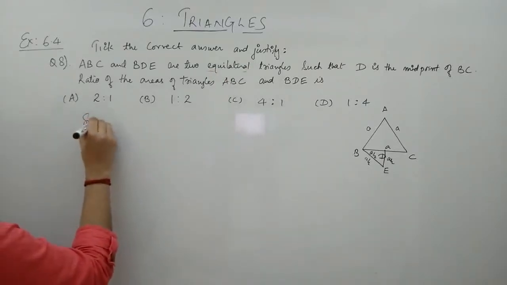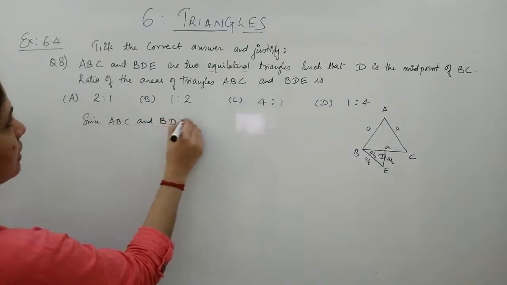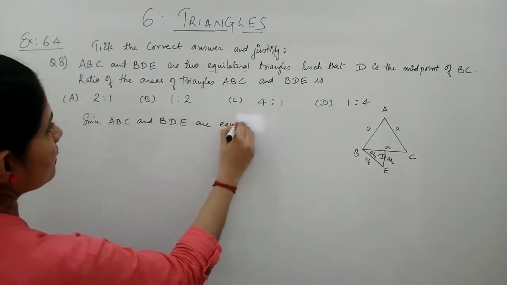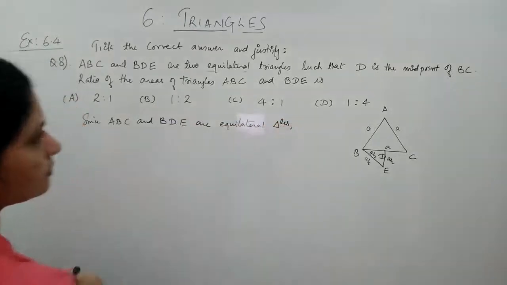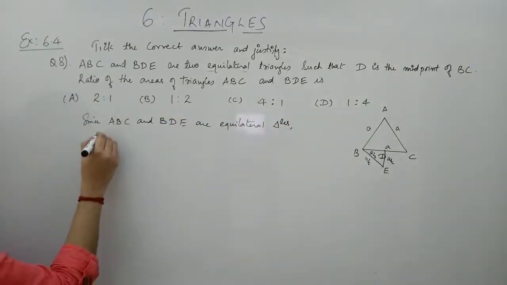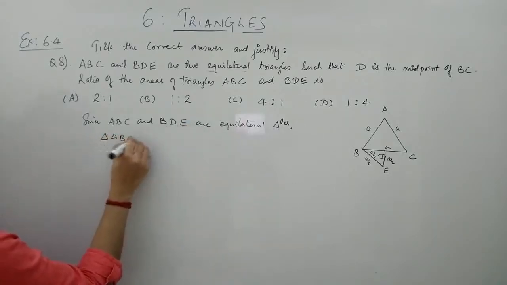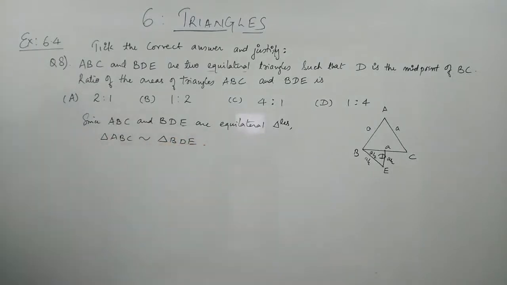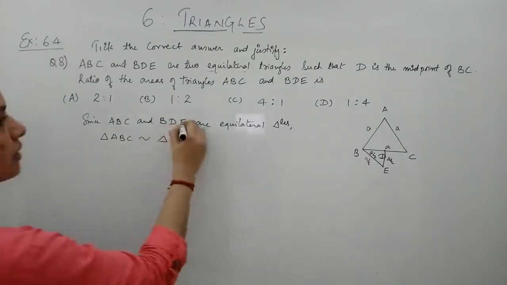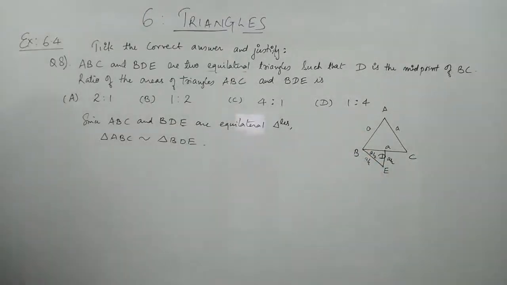So since ABC and BDE are equilateral triangles, what you'll get? Since these are equilateral triangles, they will be similar. Triangle ABC and triangle BDE will be similar. Okay, and I'm just taking the one side of the triangle as A, so that the one side of the other triangle will be A by 2.